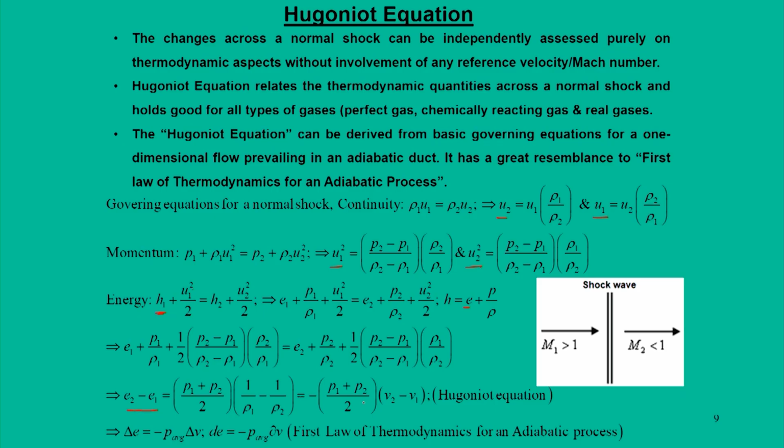So, this equation says that the internal energy change across a normal shock is related to the average pressure times the change in specific volume. This is nothing but the derivation evidence that we get the first law of thermodynamics for an adiabatic process.